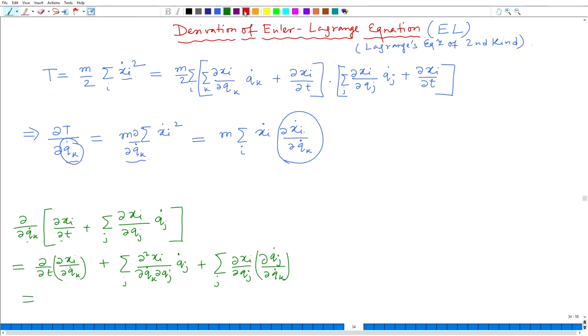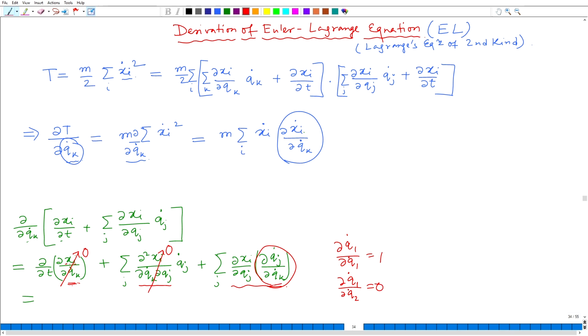This first term would go to 0 because x_i depends, from our definition in the previous lecture, on the generalized coordinates and time only. So, partial differentiation with respect to generalized velocity would vanish. For the same reason, you can use the permutation and make this term vanish. The final thing is simply this: del q_1 dot by del q_1 dot is 1, and del q_1 dot by del q_2 dot is 0.